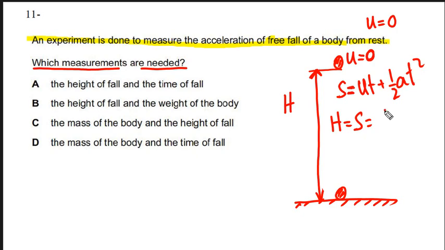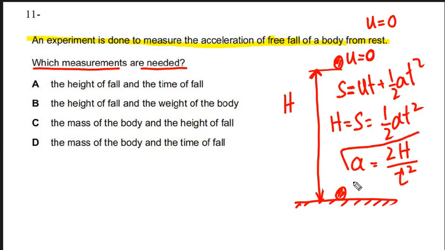As u is equal to 0, we can simplify, so we get h equals 1/2 at square. We need to find a, so we can rearrange this equation: a is equal to 2h over t square. With the help of this equation, we can find the acceleration of free fall, where h is the height of fall and t is the time taken.